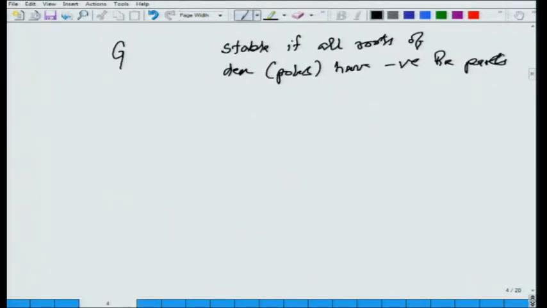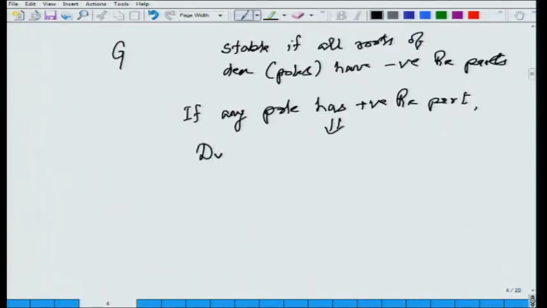Another way of looking at it is, if any pole has a positive real part, then the dynamic system is unstable.